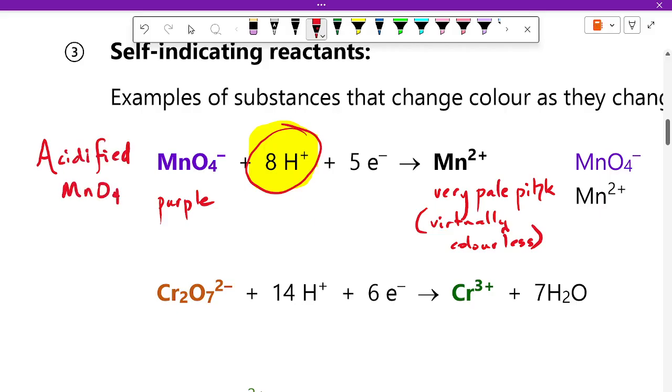If you don't use the word acidified, the answer is wrong, because if you don't have the H there as well, it won't work, okay? And also for this one here, same thing. This is acidified dichromate.